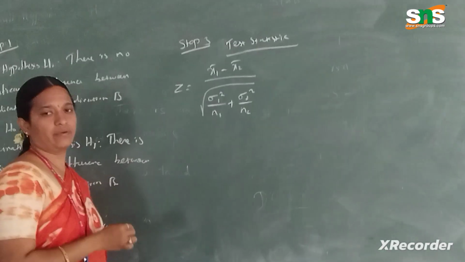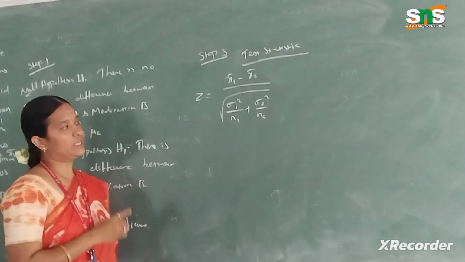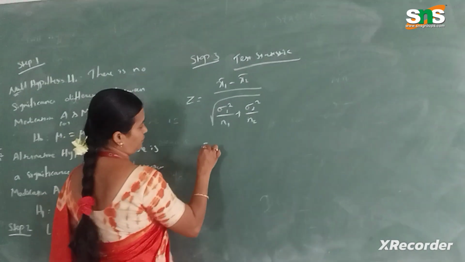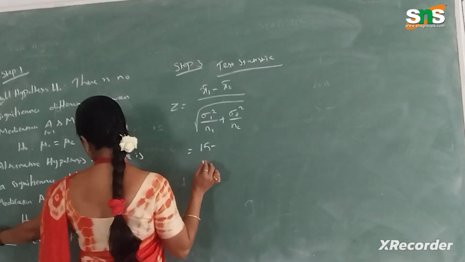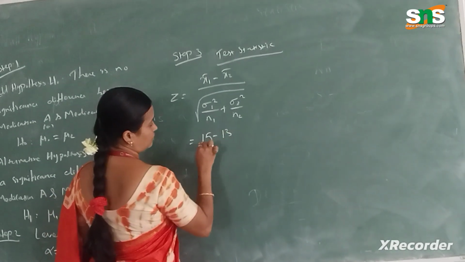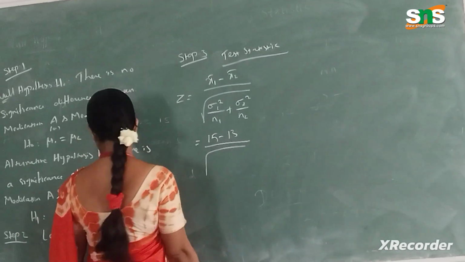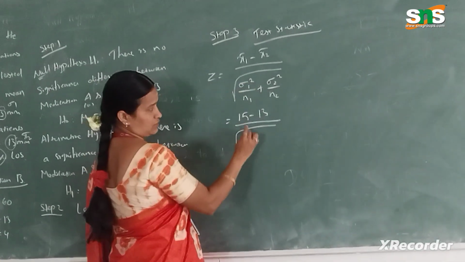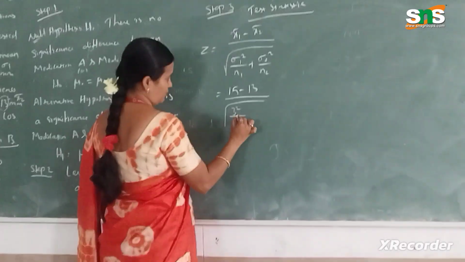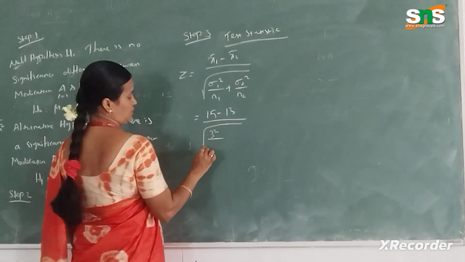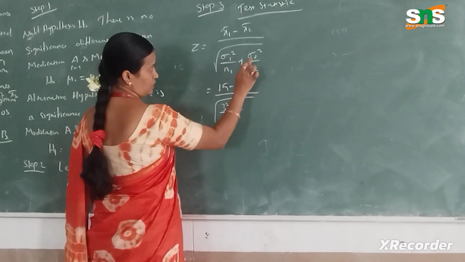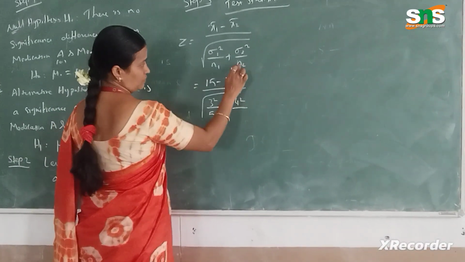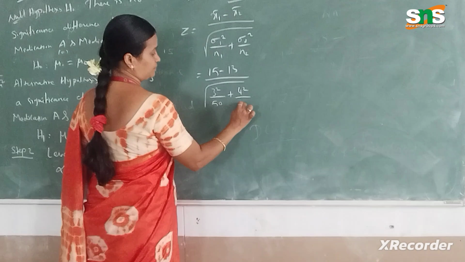Now replace all the values. x1 bar is 15 minus 13, divided by root of sigma 1 square, that is 3 square, by the sample size 50, plus sigma 2 square, that is 4 square, by n2, which is 60.